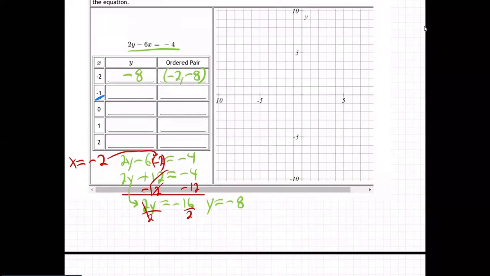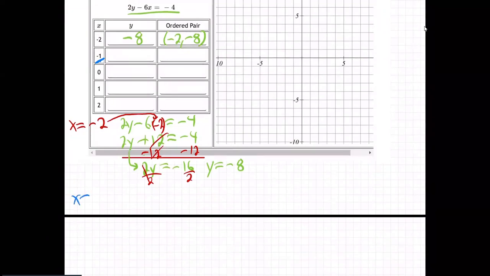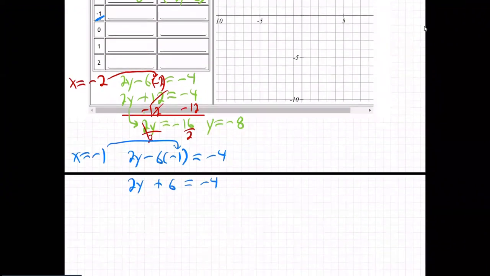So now I'm going to do -1. Come down here and go, okay, X is -1. I'll use the equation 2y minus 6 times -1 is -4. So I'm plugging in -1, and we get 2y plus 6 is -4. Then we solve for y again, subtract 6 from both sides. 2y is -10.